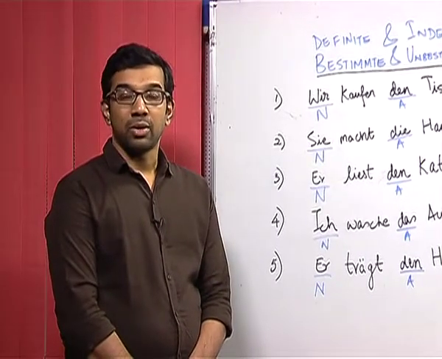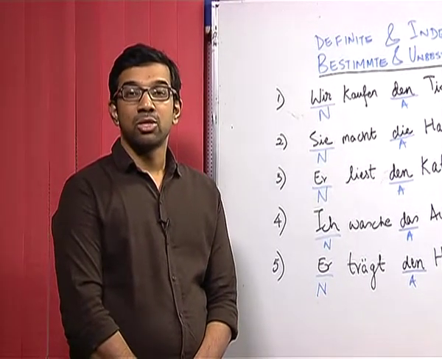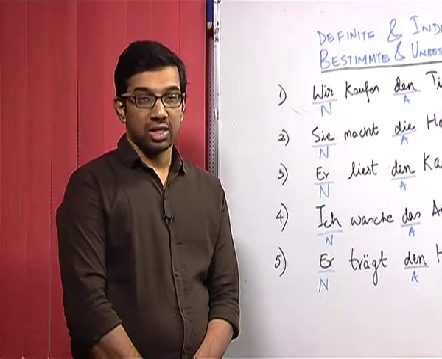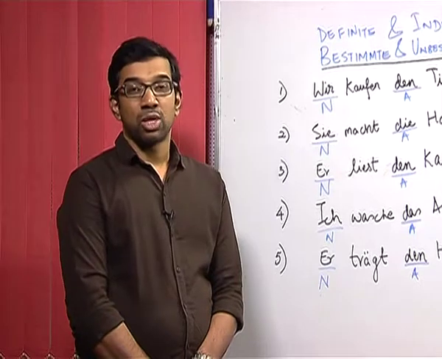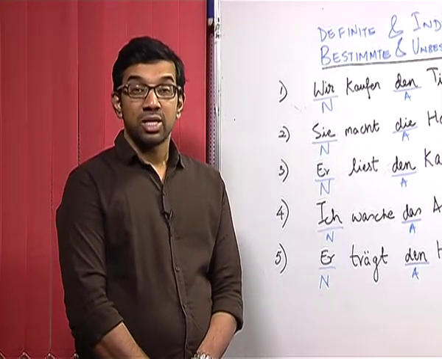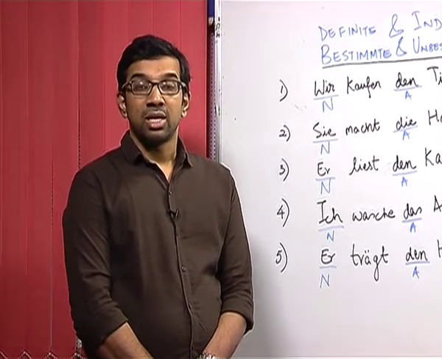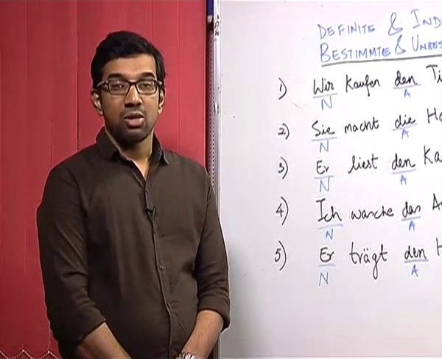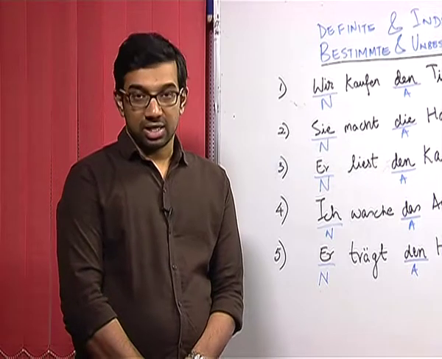So, I hope with these examples you could understand how the transformation of articles from nominative to accusative takes place, especially the masculine article, whether it is a definite article or an indefinite article.